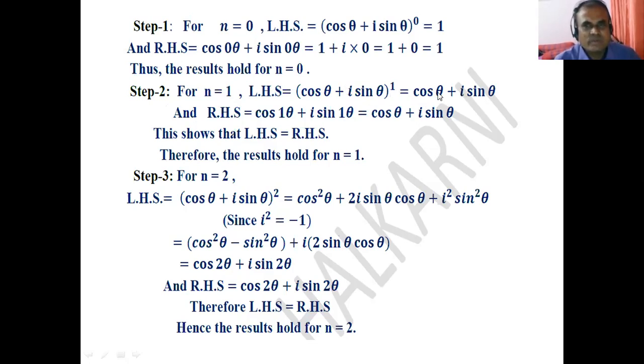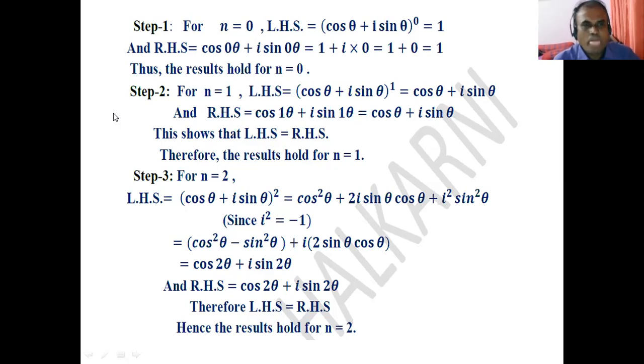And the RHS is cos of n theta, with n value 1, cos of 1 theta is cos theta, plus i sin of 1 theta, which is equal to cos theta plus i sin theta. So this is the LHS value, this is the RHS value, therefore LHS equals RHS. This shows that the result holds for n equal to 1.